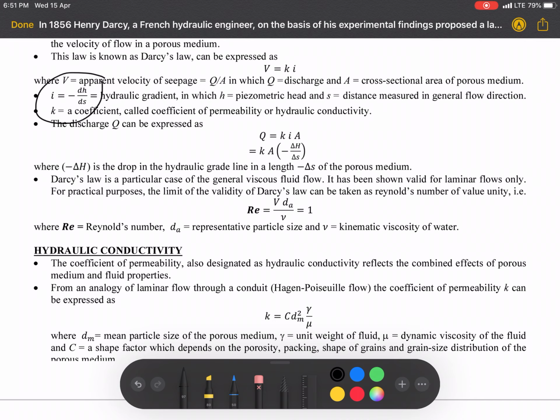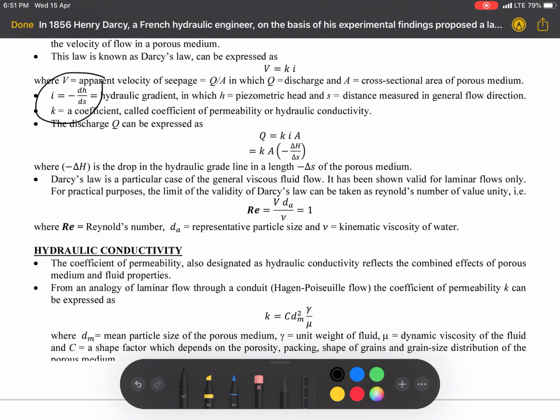Darcy's law is a particular case of general viscous fluid flow. Actually, this is a particular case of a very general condition. So it is not that we can always use Darcy's law. We have to make certain assumptions for application of this law.